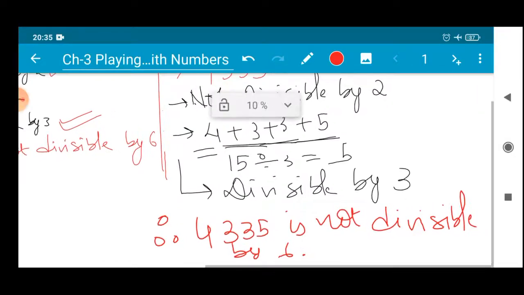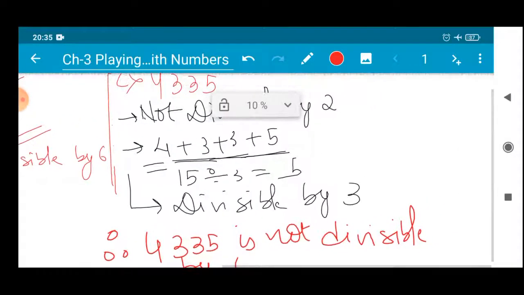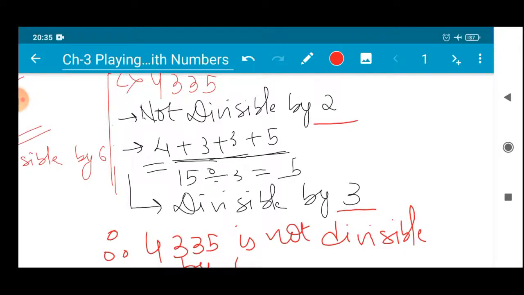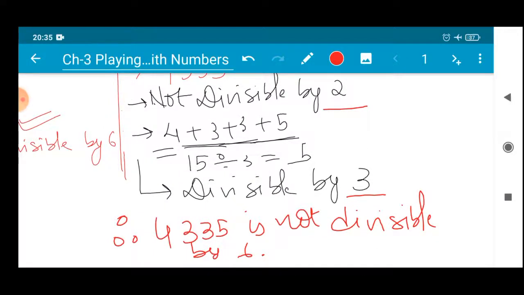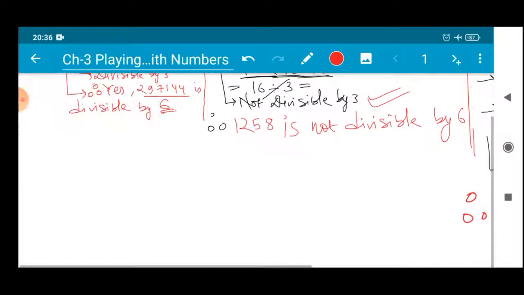Yes dear, I hope you have understood this, because this number was not divisible by 2. As this number is only divisible by 3, so hence we will consider that 4335 will not be divisible by 6. Okay, so let's do the next number.